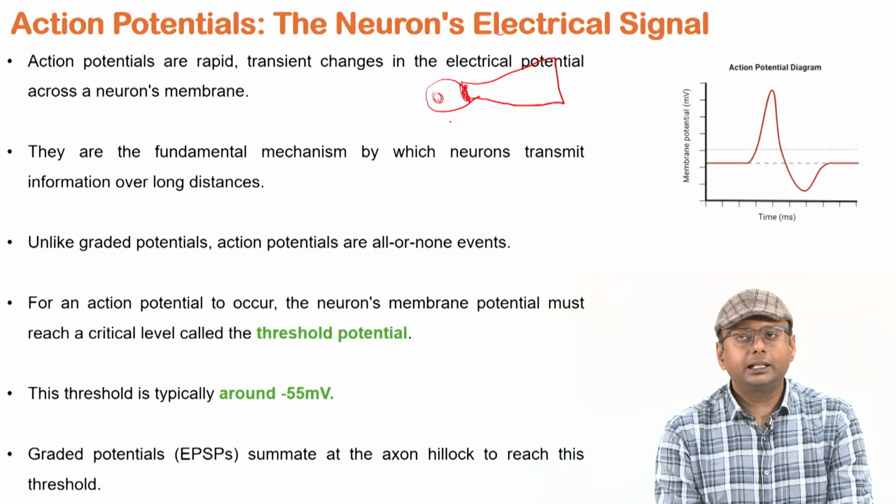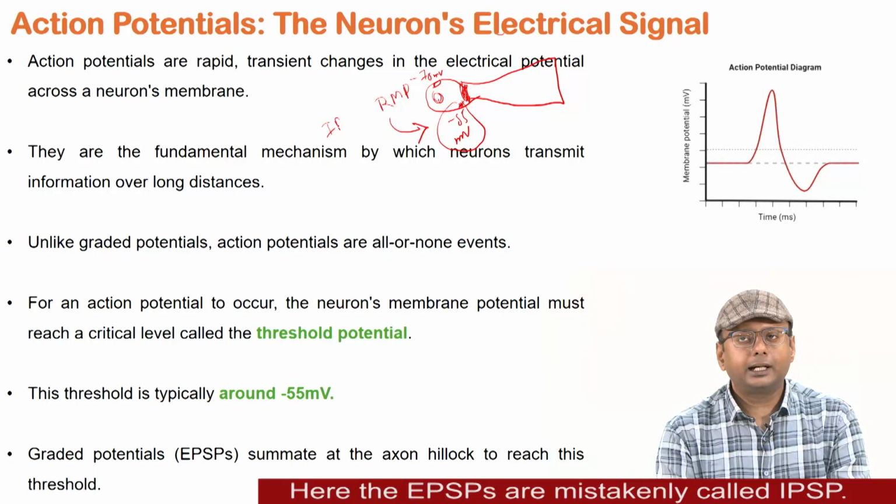Initially we had the resting membrane potential, which was about minus 70 millivolt, mostly in this axon hillock area. And from the resting membrane potential, we get the IPSP signals, and from the stimulatory signals we attain about minus 55 millivolt, which was the threshold potential.